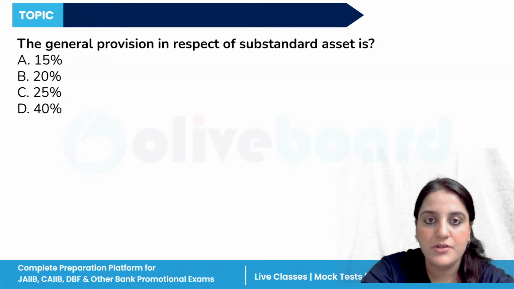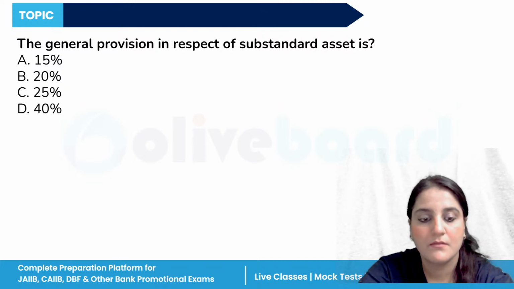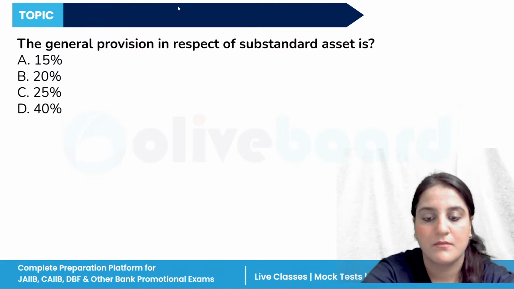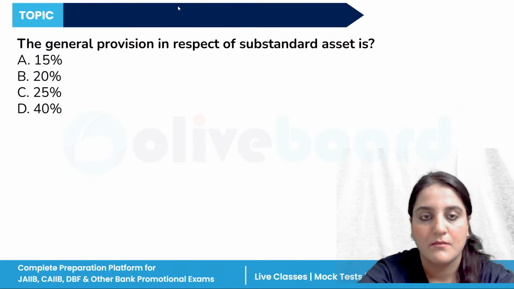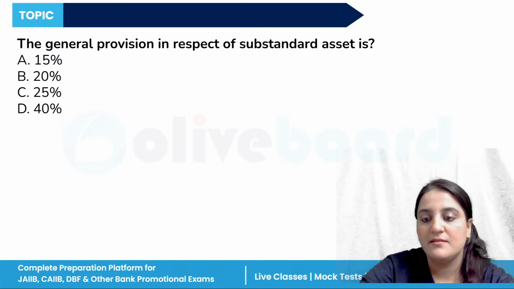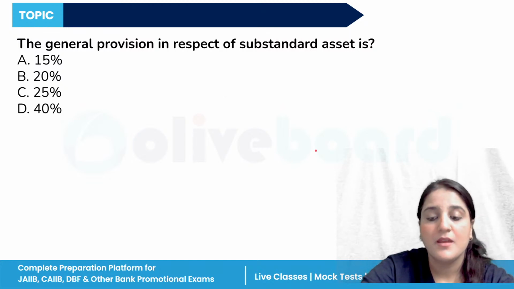The general provision in respect of a substandard asset is, basically, what is this substandard asset?